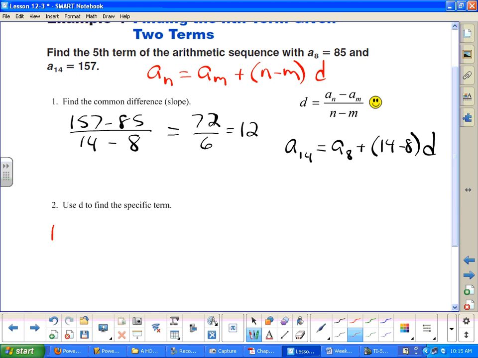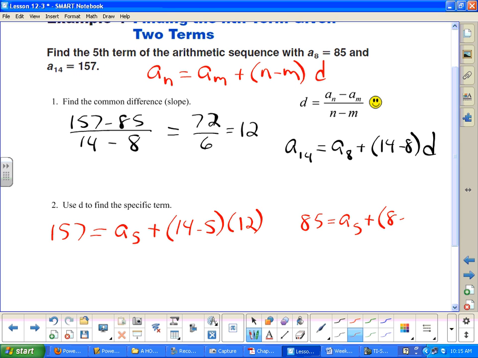So I could have 157 equals a sub 5 plus 14 minus 5 times 12. Or I could use the 8th term, which would be 85 equals a sub 5 plus 8 minus 5 times 12. Okay? I could use either one of them to find the 5th term.